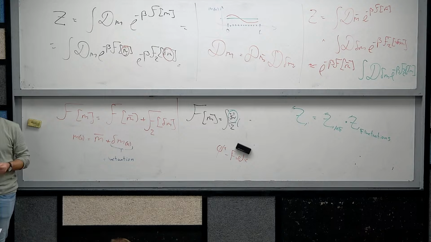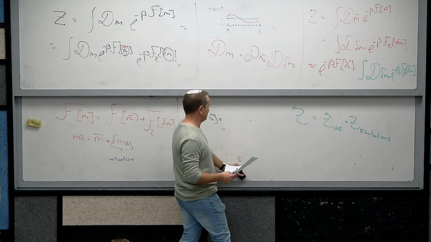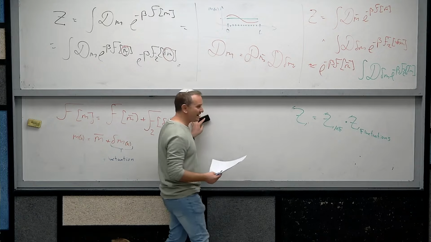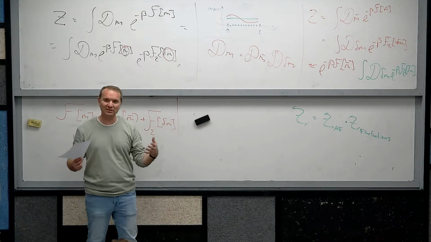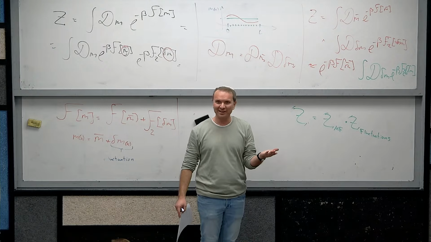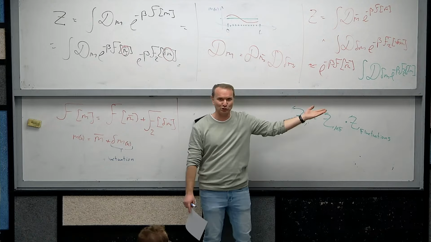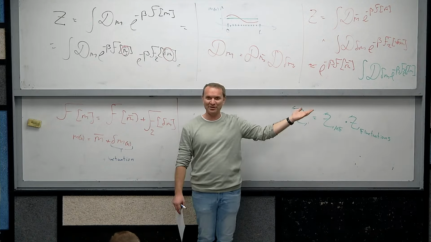Now, here comes the question: what is this Z of fluctuations? I cannot use the simple approach that I did for mean field. I cannot assume that the fluctuations are constant, because if the fluctuations are constant, they should sit in the mean field solution. So the fluctuations have to have some other values.